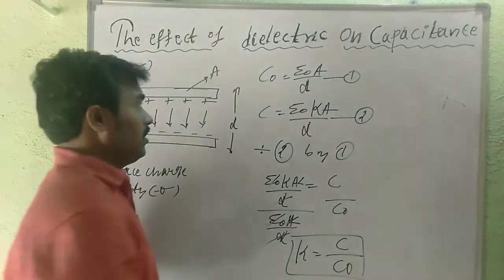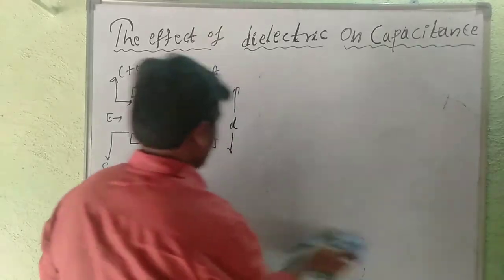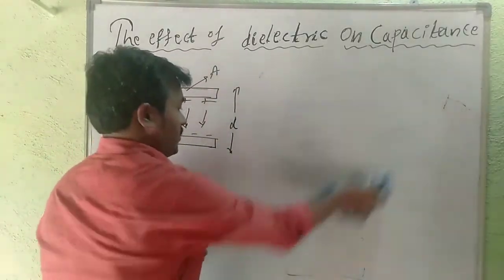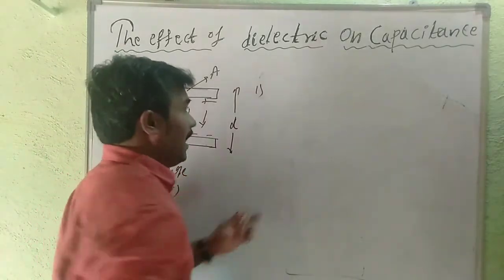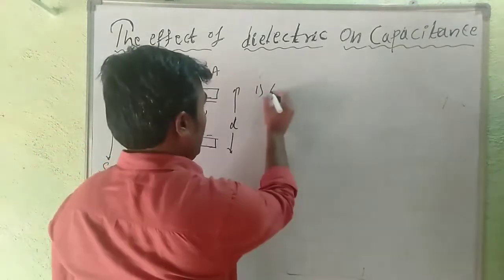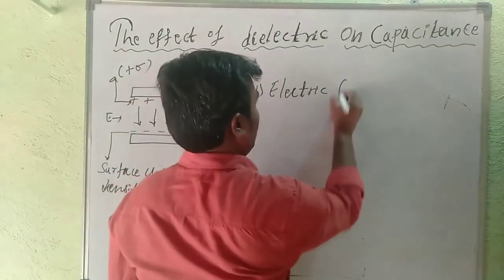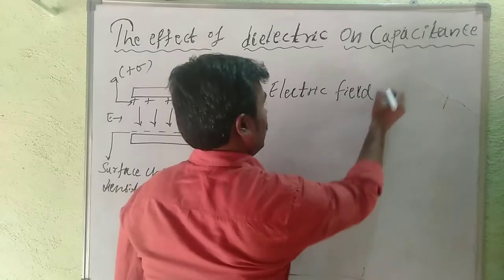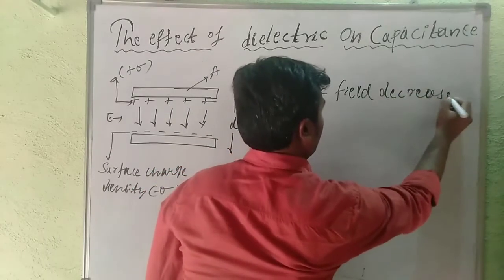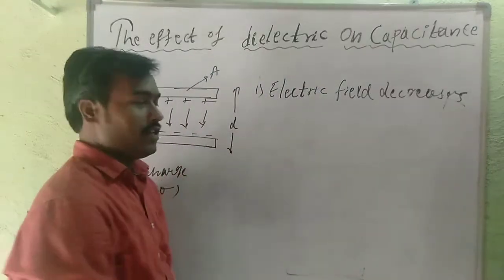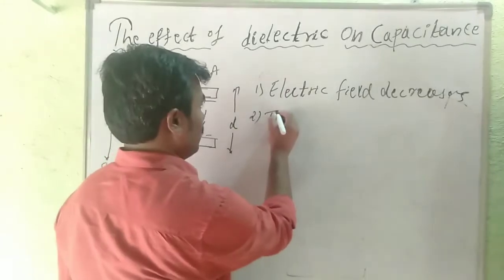Consider the effect of the dielectric when placed in between the plates. The first one: the electric field decreases. The second one: the potential also decreases.